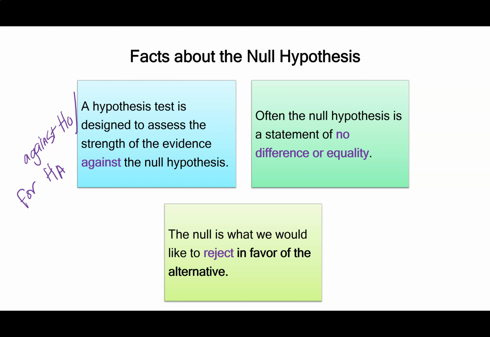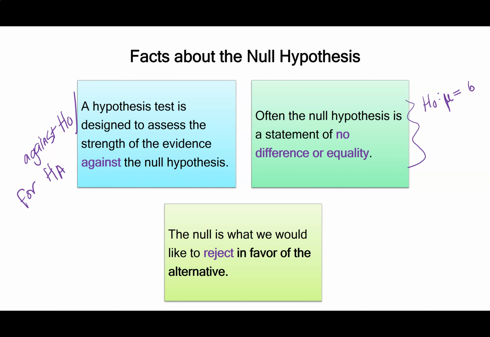Typically, almost always, at least in this class, the null hypothesis has an equal sign in it. If you're dealing with means, mu is equal to some number. It's going to be a stated number. We like to say the null is dull. It's whatever the claimed value is. It's equal to. We don't mess with other signs in the null hypothesis.